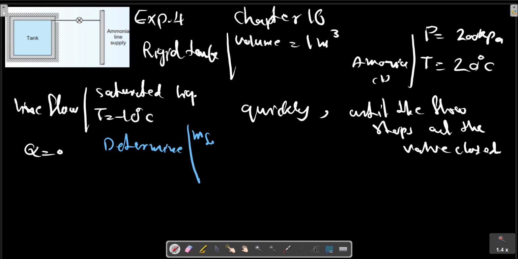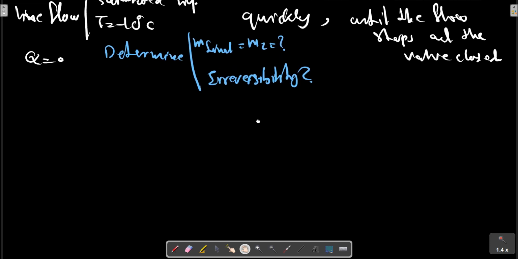Final mass or M2 and irreversibility. At first, we should determine the problem first.